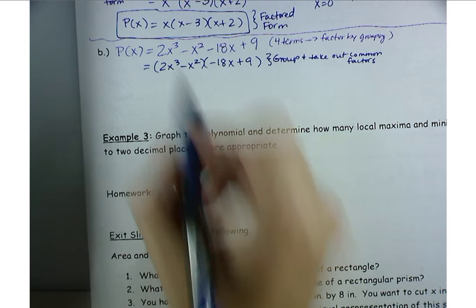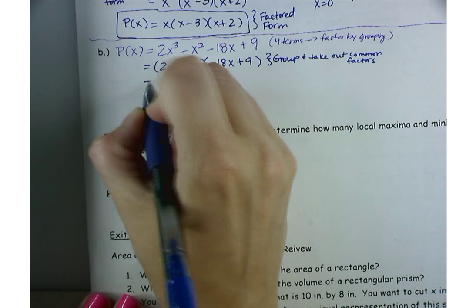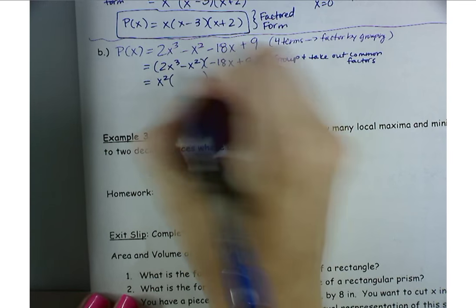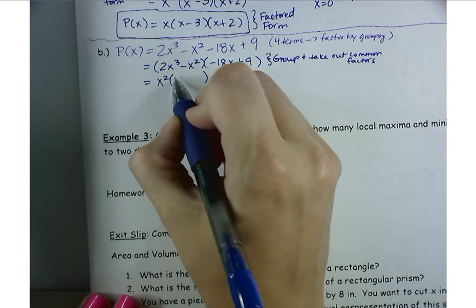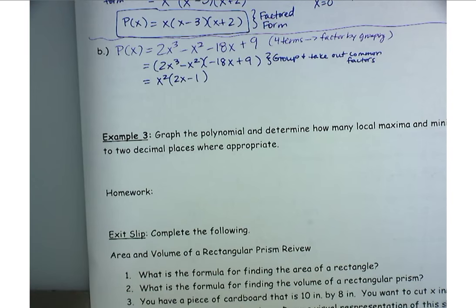Okay, so Dennis, what's the common factor in the first set of parentheses? X squared. Yep, so if you took that out, what would you be left with? 2x minus 1. Good. Okay, and Lucas, what's the common factor in the second one? 9. Good, okay, so the common factor is going to be 9.